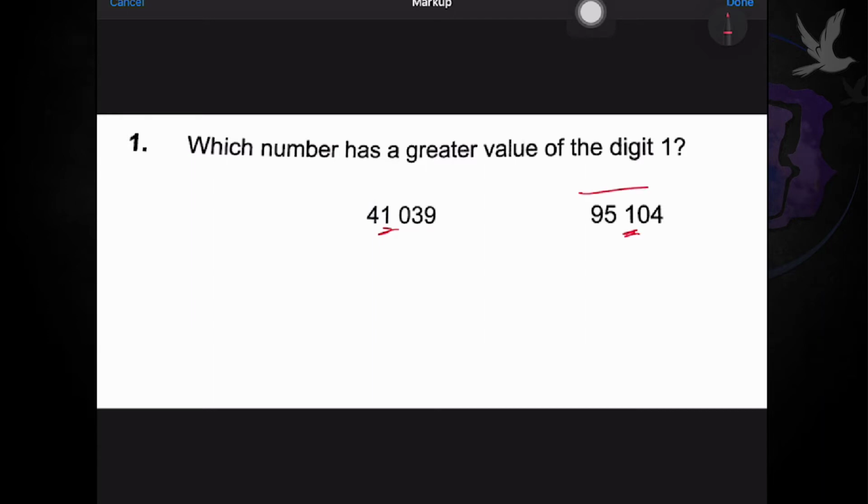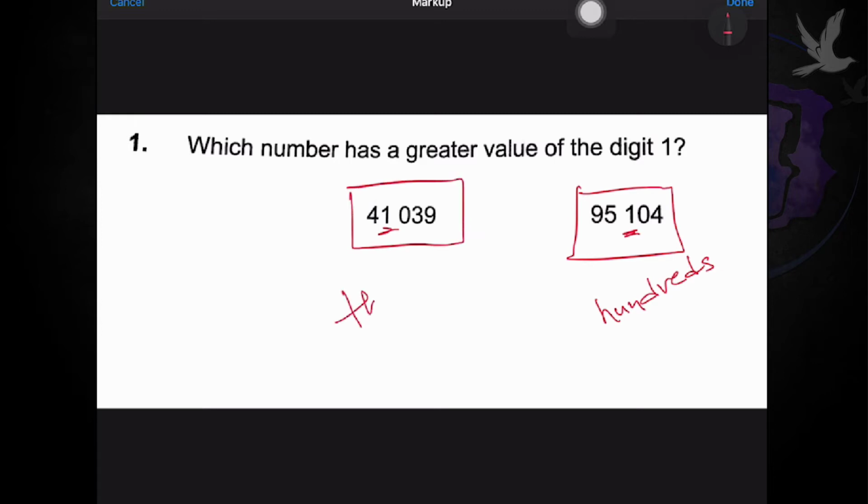For this number, 1 is placed in the hundreds place. The 1 here is placed in the thousands place. So if I were to ask you, which one is bigger in terms of value, the 1,000 or the 100? Would you rather have 1,000 or 100?